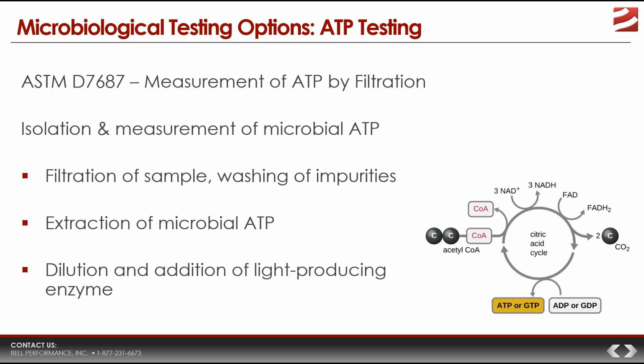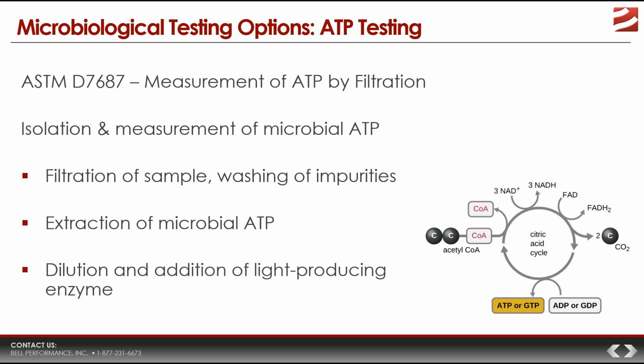And they've been able to get it reliable enough and accurate enough that they were able to earn that ASTM designation, that 7687 number. Today's ATP testing methods, at times we've called them next generation. Now we call them Bell Performance Fuel Pulse ATP tests. These are miles ahead of these first generation pen methods.